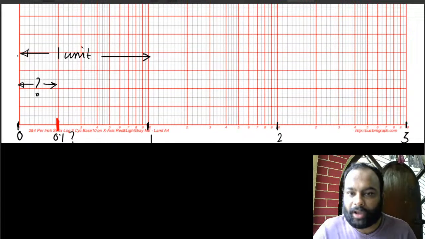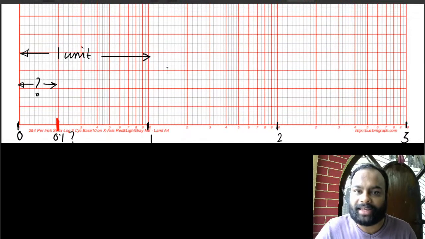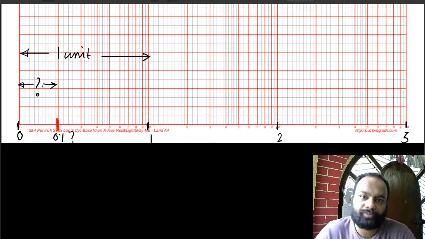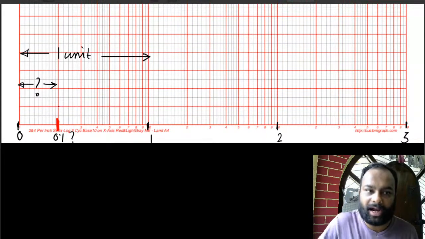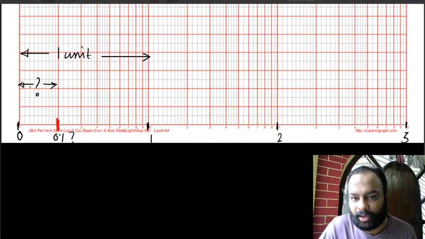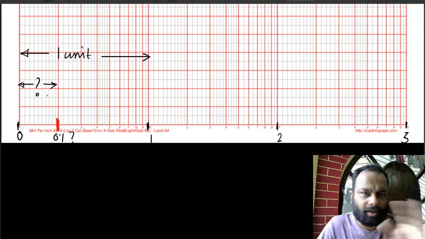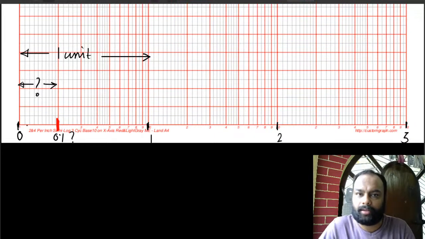So if this length is 1 meter, how much is this? This will be around 1/3, right? Very close to 1/3. Look very carefully. This is sort of 1/3 or something close to that.